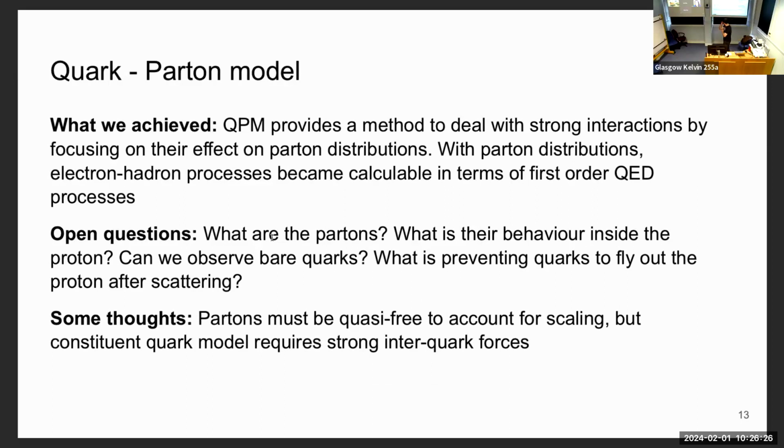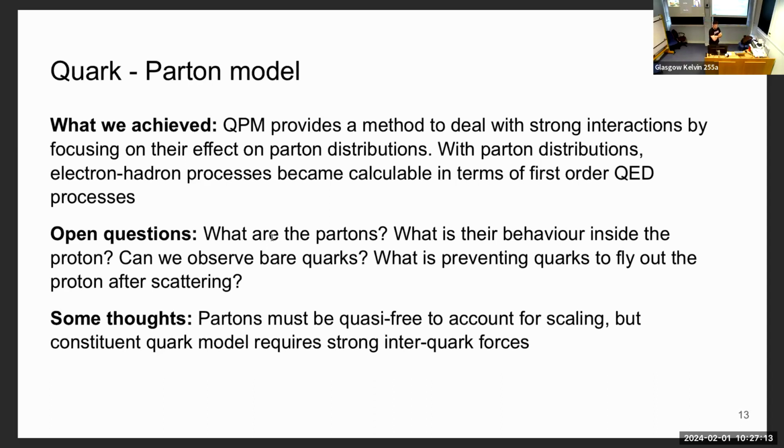So to summarize what we discussed so far, the quark-parton model is a good method to deal with strong interaction and focuses mostly on the effect of particle distribution. If you interpret it as an electron-hadron process, now it becomes calculable in terms of first-order QCD processes. So we are inheriting most of the approaches that were in QED. But then it leaves some open questions. What are the partons? How do they interact with each other within a proton?